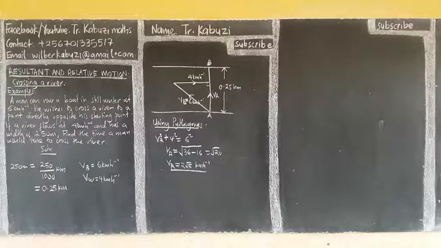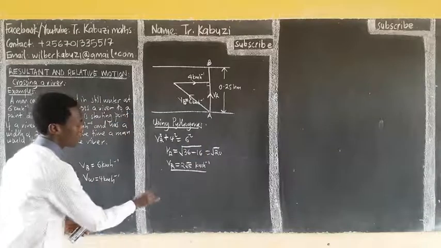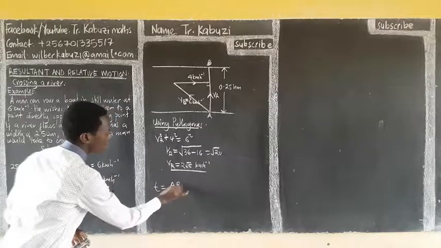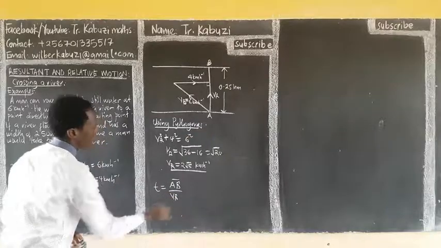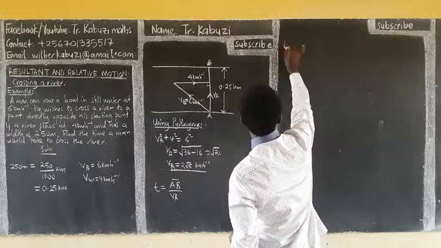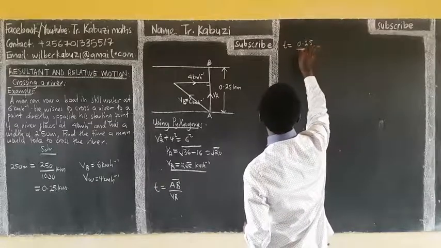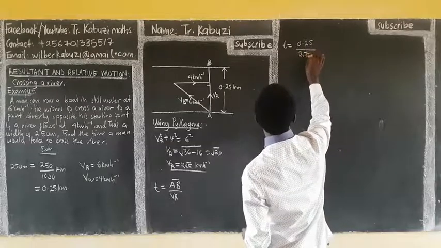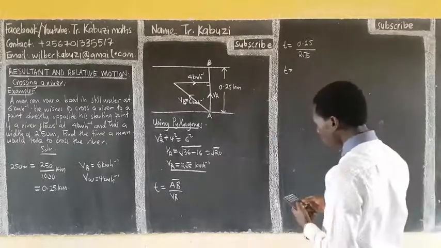Okay, so after getting V_R, we find the time the man will take to cross the river. It's going to cover this distance AB, so the time taken will be AB over the speed, which is the velocity V_R. So my T will be AB, which is 0.25 over 2 root 5.